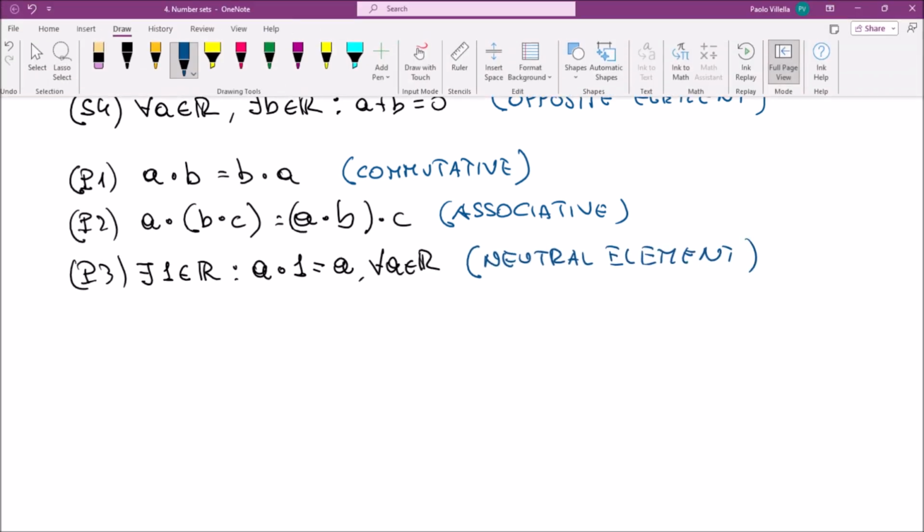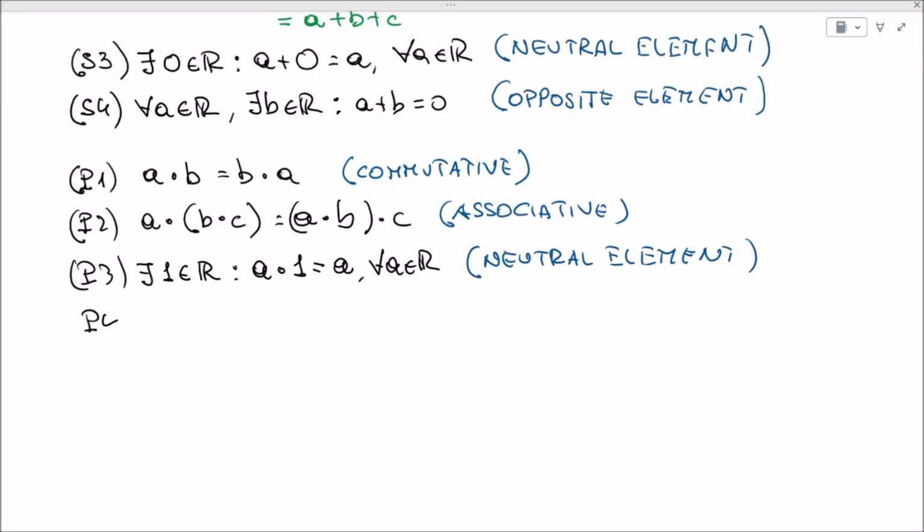And finally we have P4, which says that for every A that belongs now to R minus 0, there exists a B, another real number B, such that A times B is equal to 1.